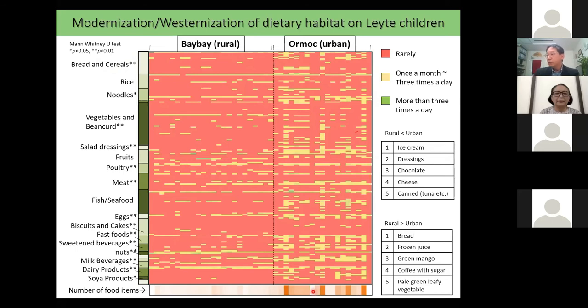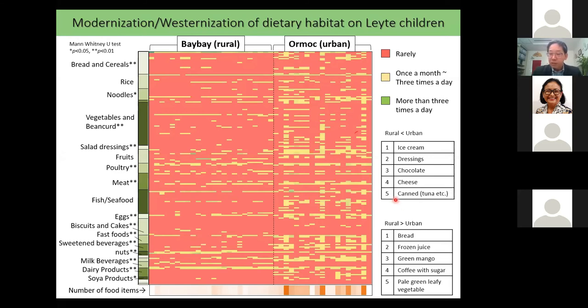You can simply recognize that the children in Ormoc have a greater variety of menu. The extra items they have are ice cream, dressing, chocolate, cheese, canned food. We can say that those come from Western dietary habits.